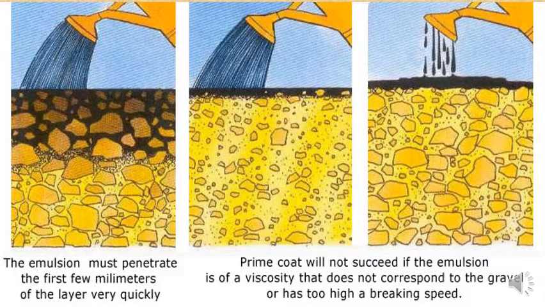So remember, if you were going to be spraying bitumen onto a surface, if it was low viscosity, it's going to basically sink into the ground because it's very liquid.